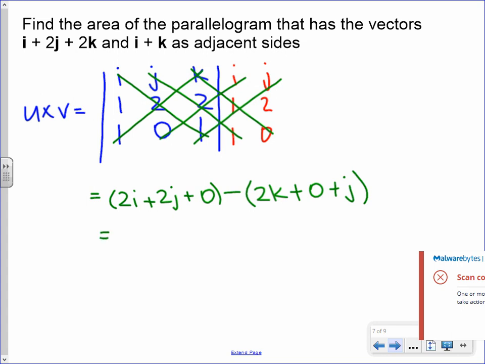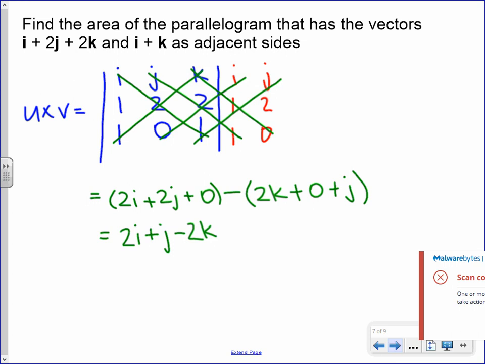So we end up with 2i minus 0, 2j minus j, and 0 minus 2k. Okay. Well, that's the cross product.